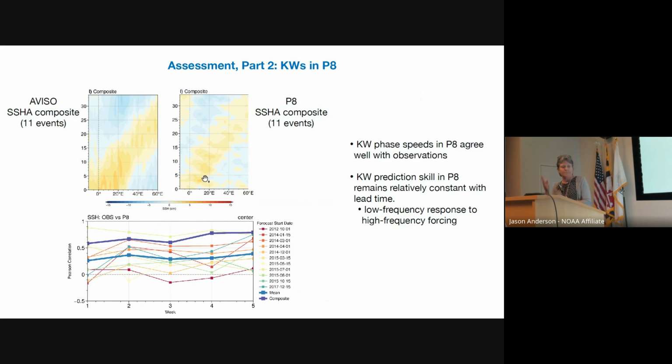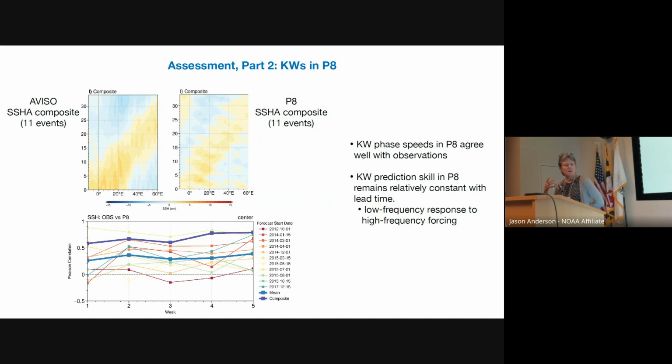They have very similar propagation speeds, which is a good thing. We do not necessarily see this in the CMIP6 models we've analyzed. In those models, the Kelvin waves tend to propagate a little bit too slowly. So the phase speed of the Kelvin wave in the P8 appears to be well simulated.